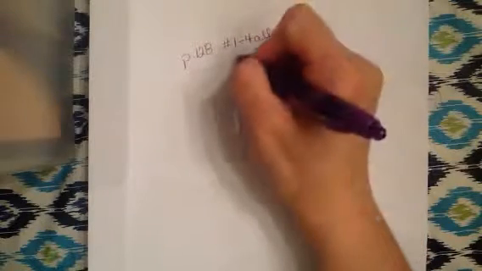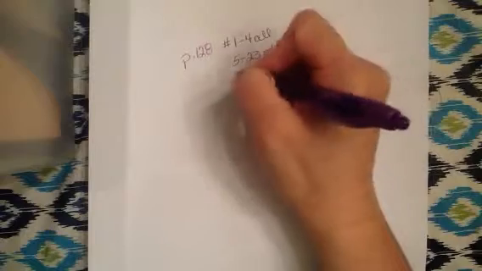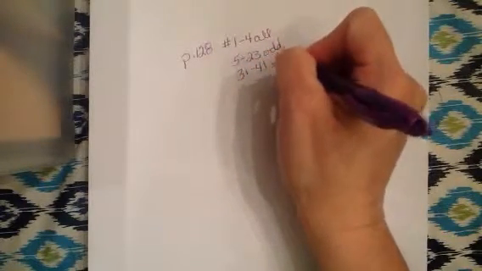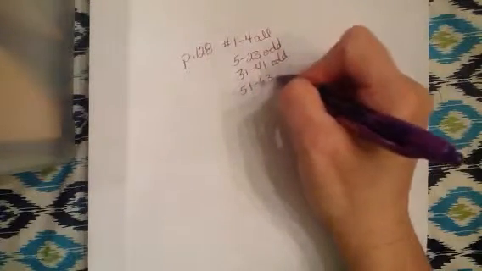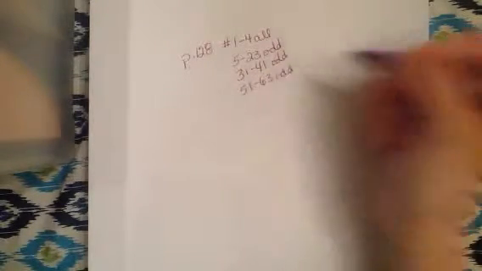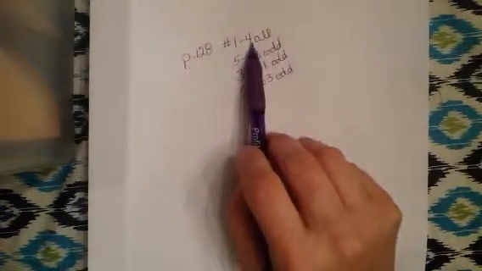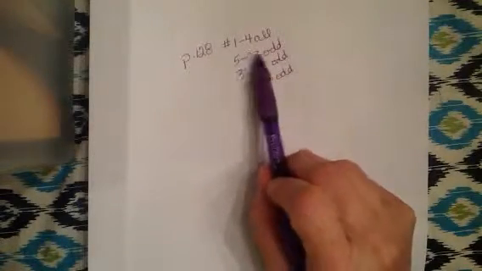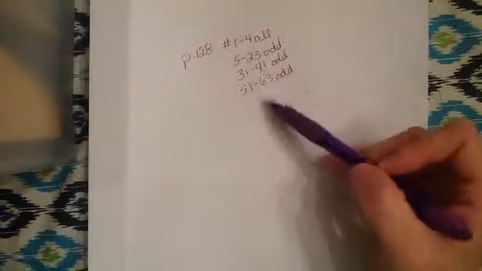Then 5 through 23 odd, 31 through 41 odd, and 51 through 63 odd. So these are just different problems. These are vocabulary questions. These you're going to be doing factoring and quadratic form, and then you've got the radicals, and then the rationals and the absolute values.